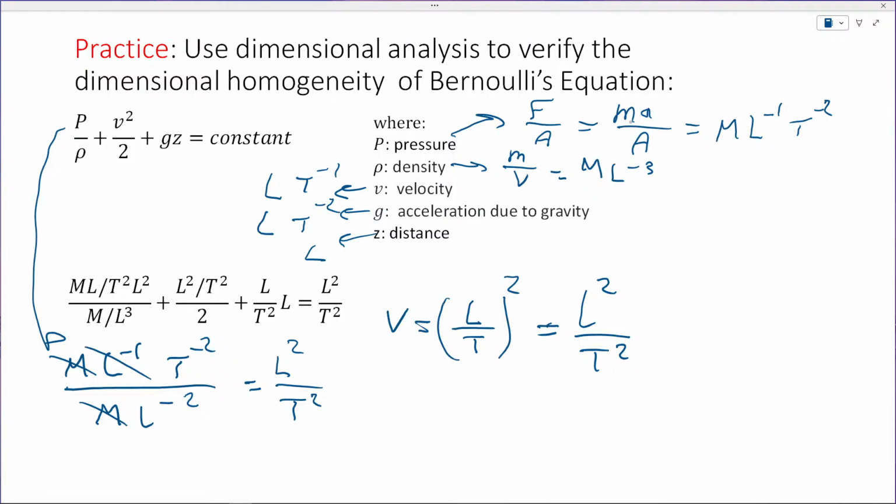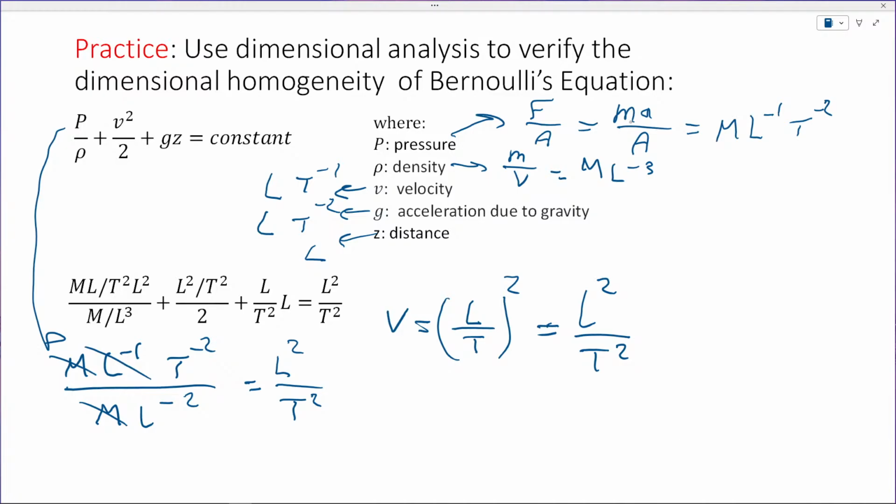The 1 over 2 is a constant, it's dimensionless. It could be 1 over 2, 1 over e, 1 over anything, that's just a constant, so that's dimensionless. Okay, so that's V.